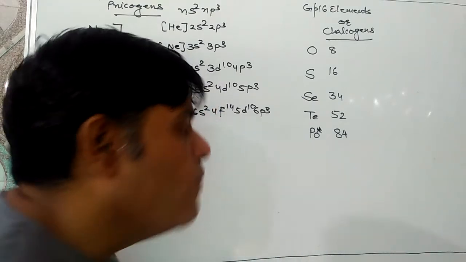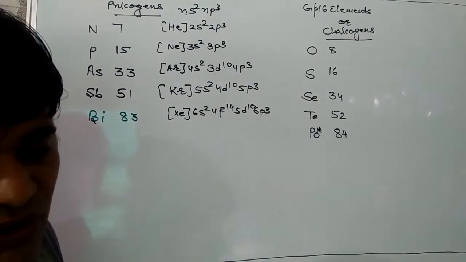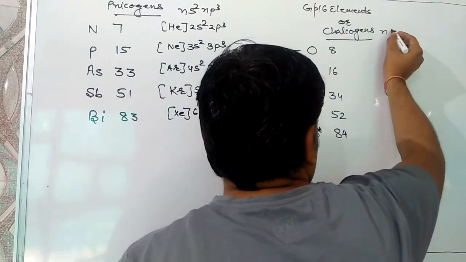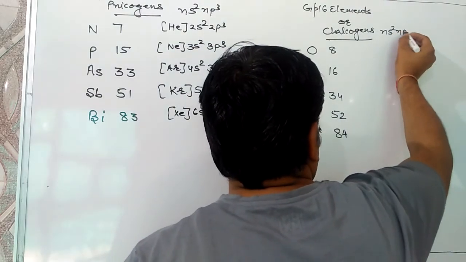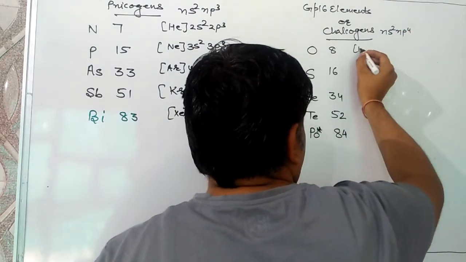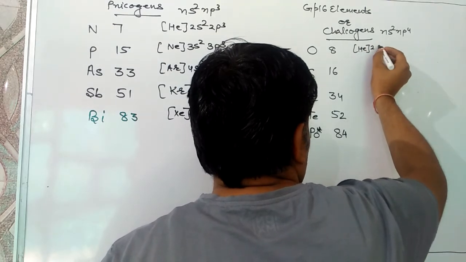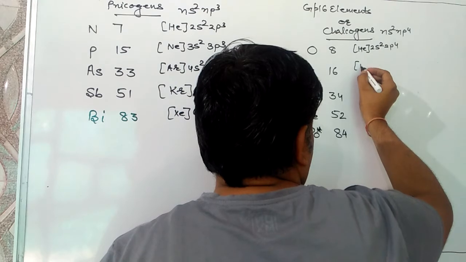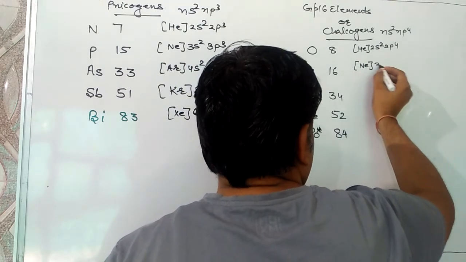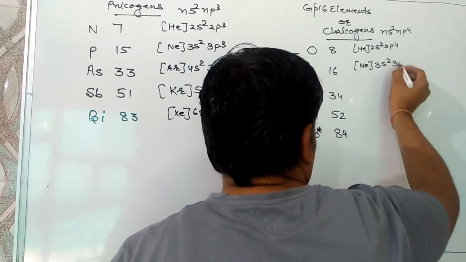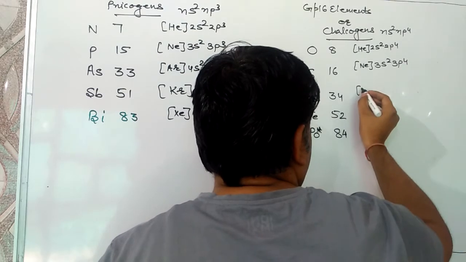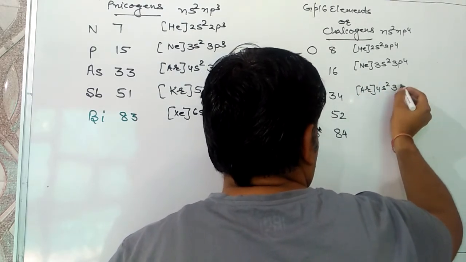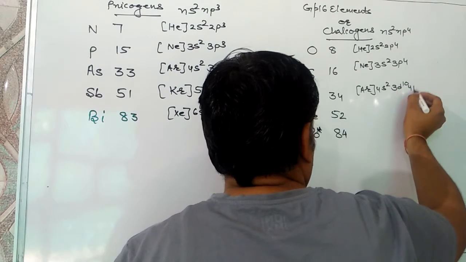Polonium is the most poisonous substance of the periodic table, and outer shell configuration is ns2 np4. For oxygen, it will be helium 2s2 2p4. For sulfur, neon 3s2 3p4. For selenium, argon 4s2 3d10 4p4.